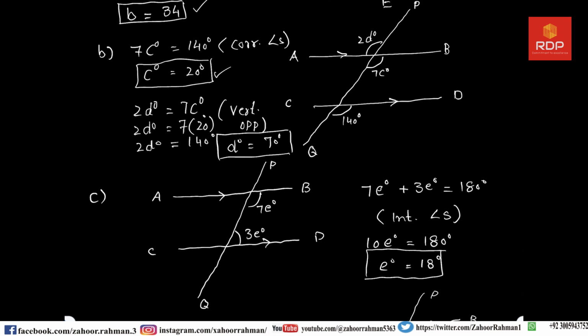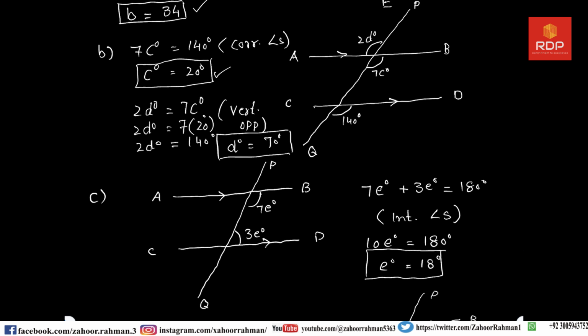Now the B part is given as 7. AB and CD are parallel lines, and there is a transversal line PQ.